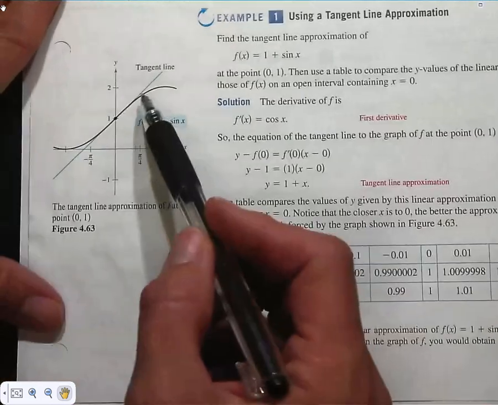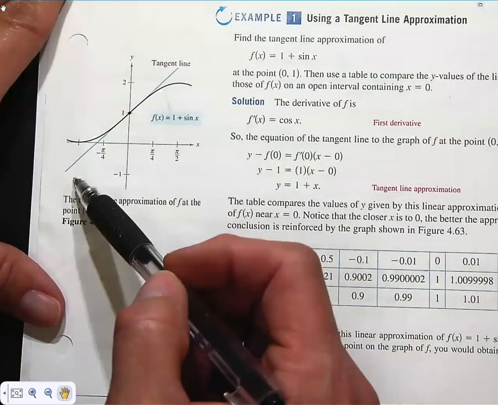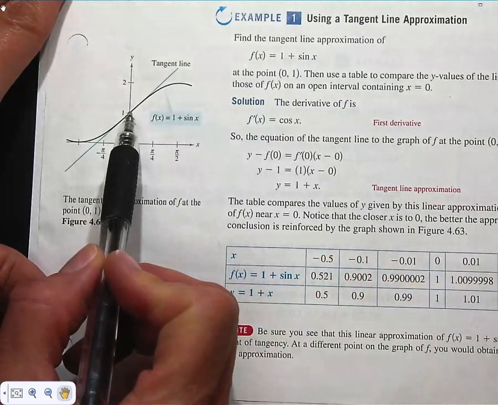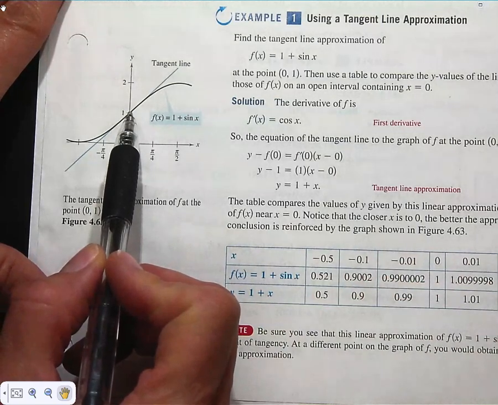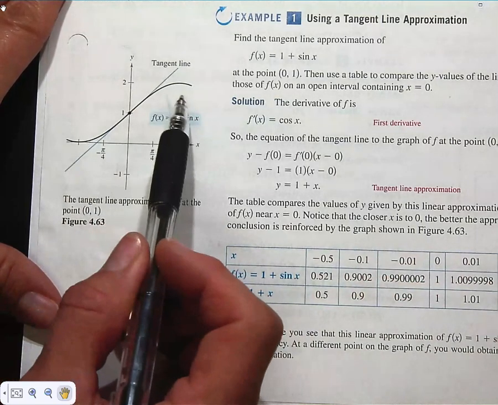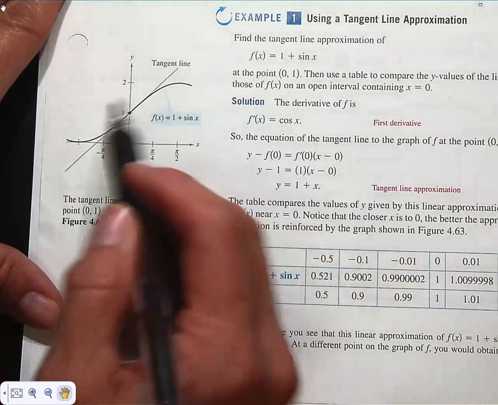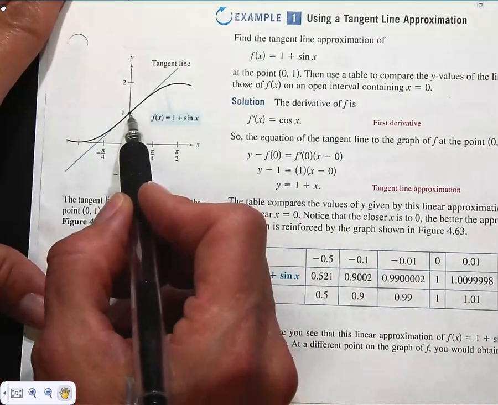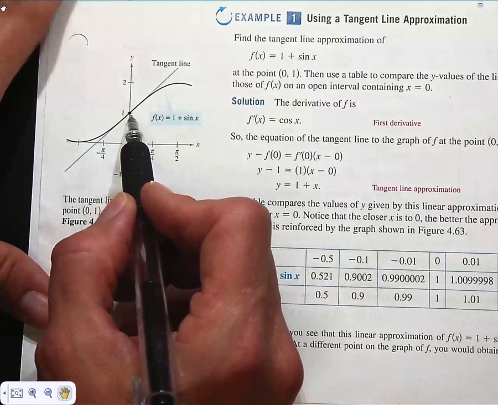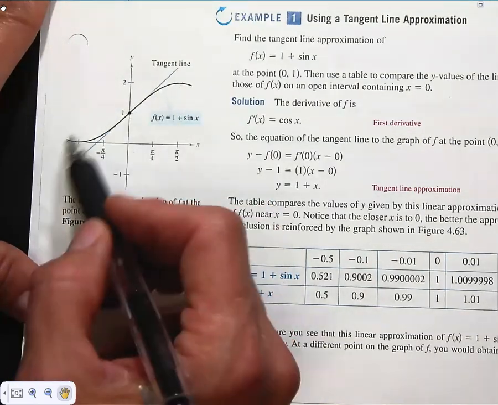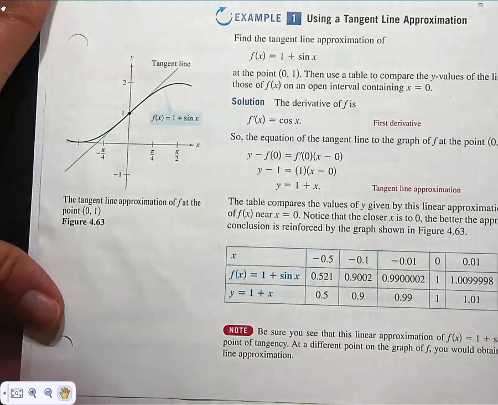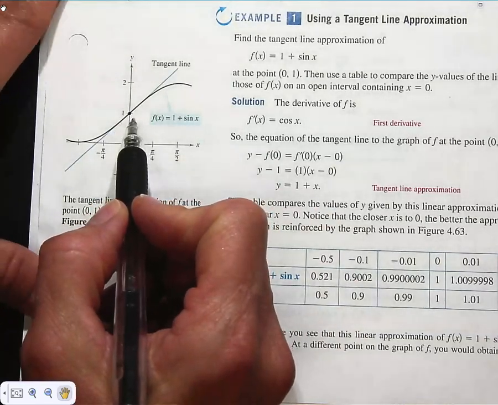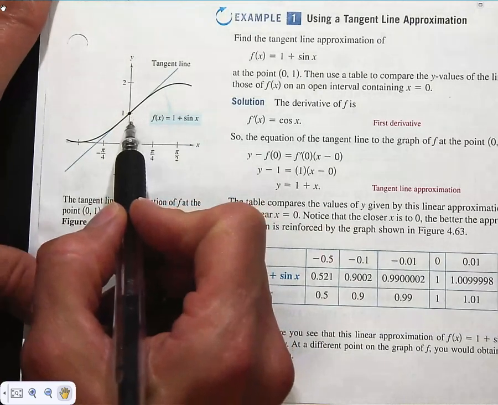So y equals x plus 1 is this tangent line, and at the point 0, 1, it's doing about the same thing that 1 plus sine x is. The steepness of that curve at the point 0, 1 is the same as both the tangent line and the curve. So the tangent line is a pretty darn good approximation of what that function is doing at that point.